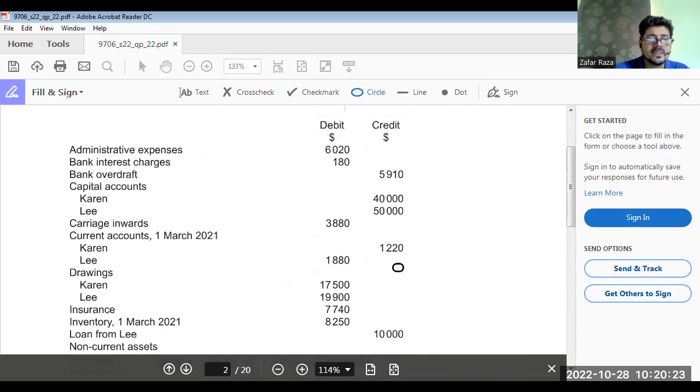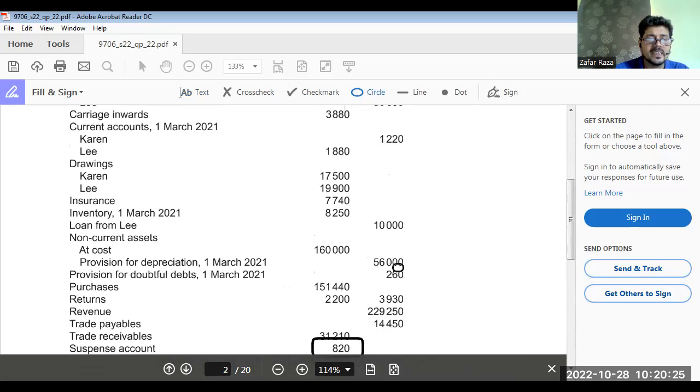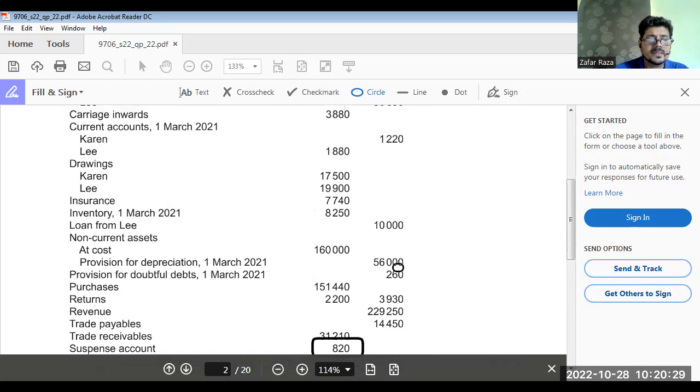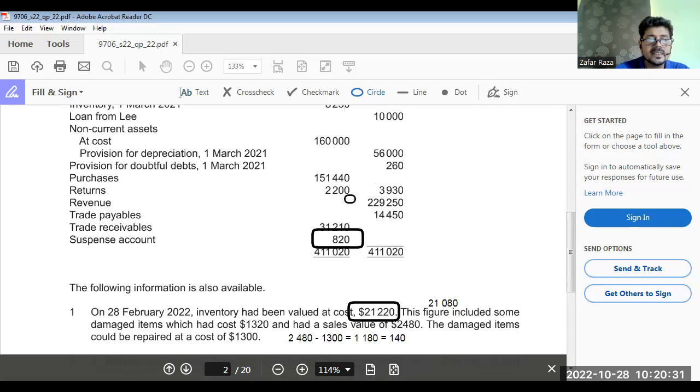So see what is the amount of return inwards here. This is return inwards, sales returns. So we have to change this amount 2,200 plus 410. This is 2,610, the new amount.